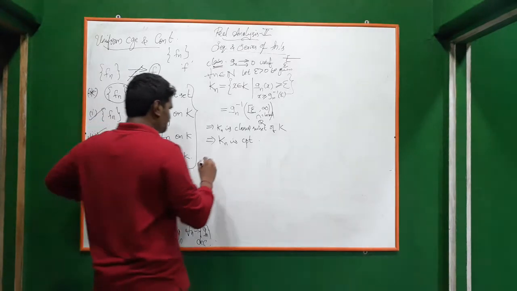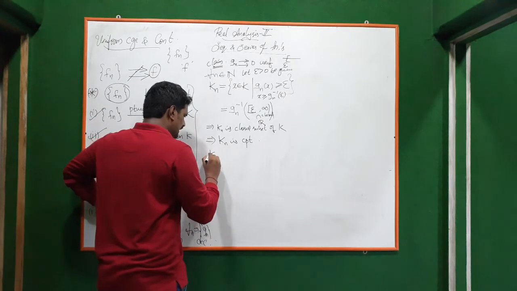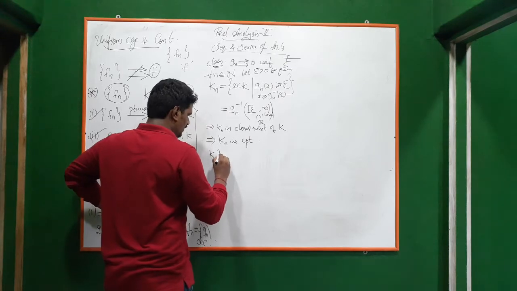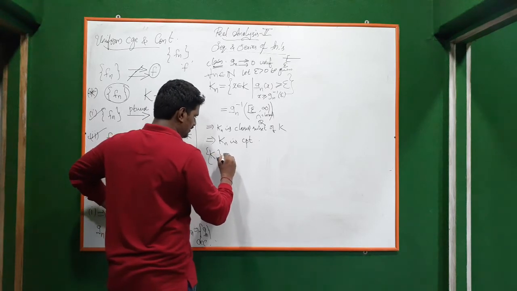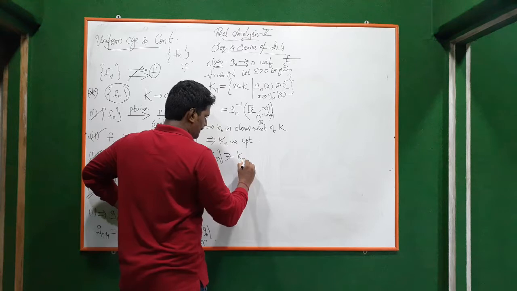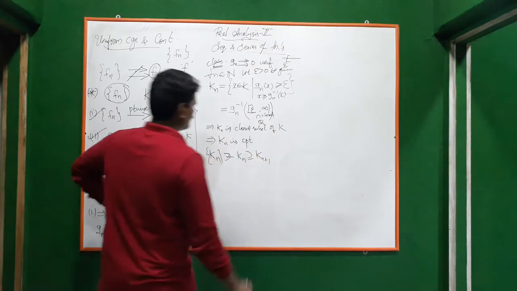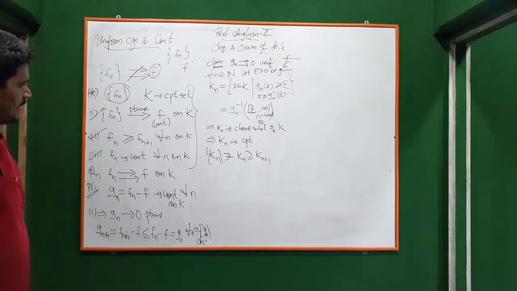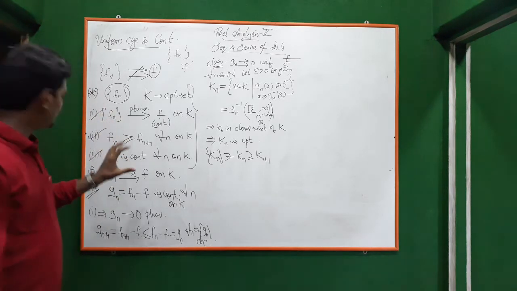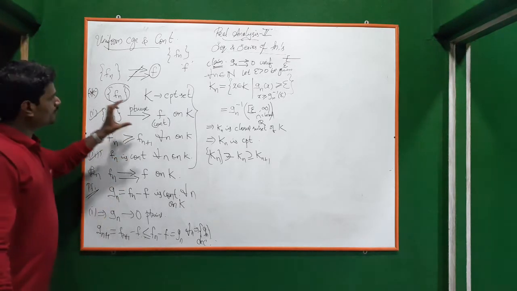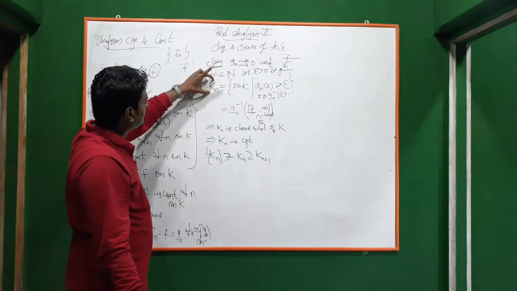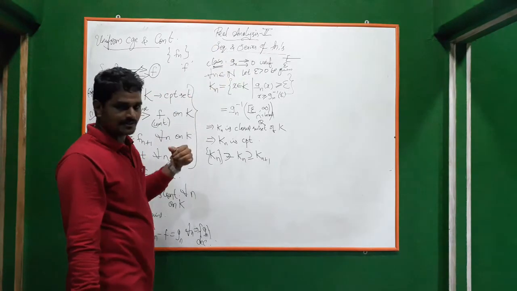So now Kn satisfies: Kn contains Kn plus 1. It is a sequence of sets. Here we have a sequence of sets with respect to the sequence of functions.